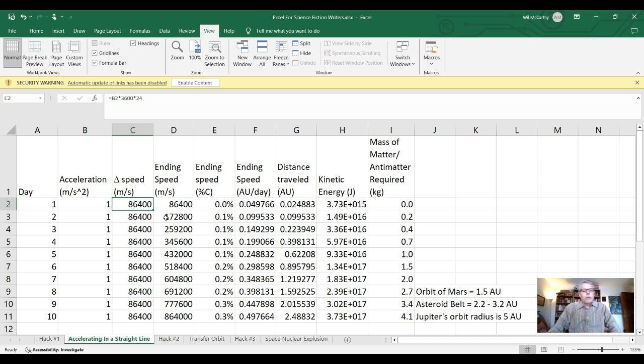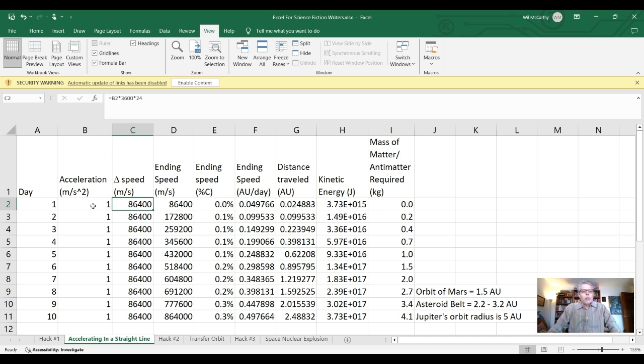And how much speed does this acceleration add? Well, over the course of a day, we have 1 meter per second squared that we're adding. How many seconds are in a day? Well, there are 60 seconds in a minute, 60 minutes in an hour, 24 hours in a day.